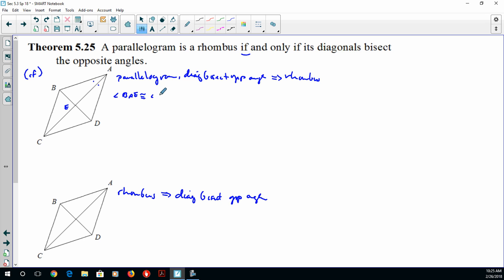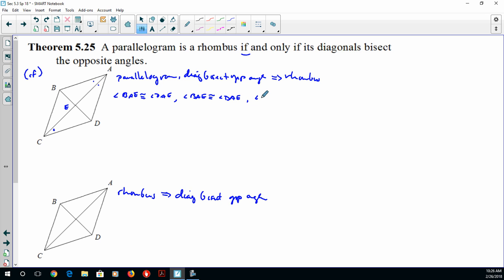Okay. We know it is a parallelogram. So I know that angle BAE is congruent to angle DAE because these are parallel lines cut by a transversal. I also know that angle DAE, I didn't say something wrong, I just wrote the wrong thing down here.